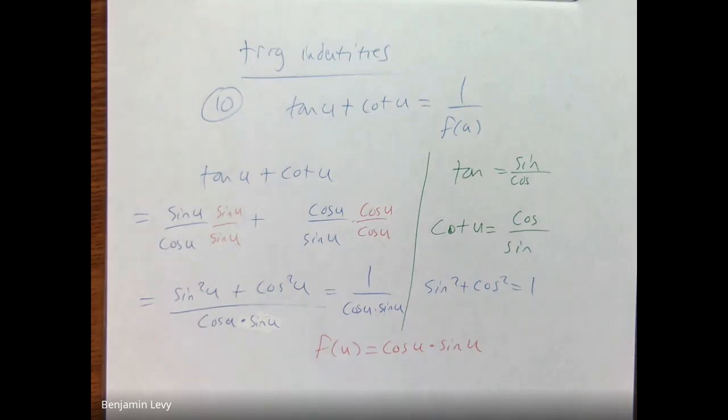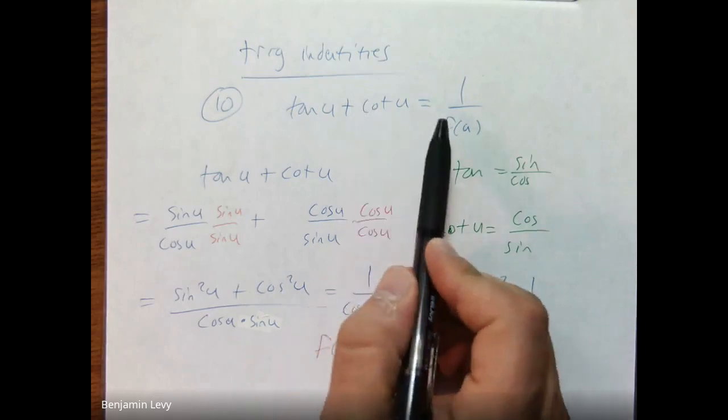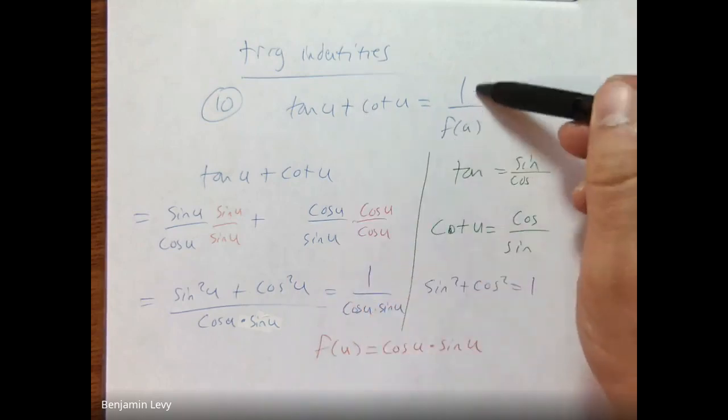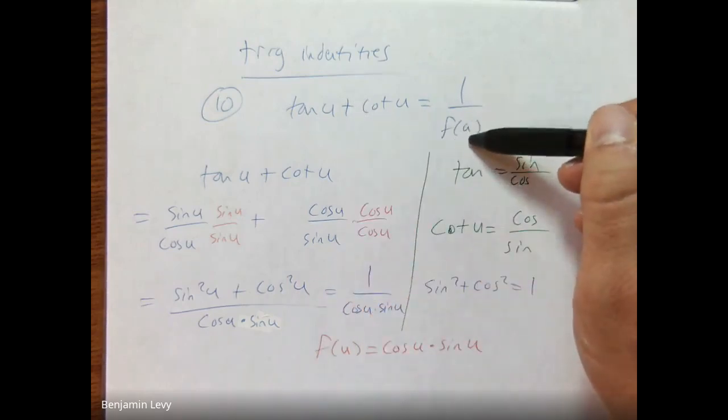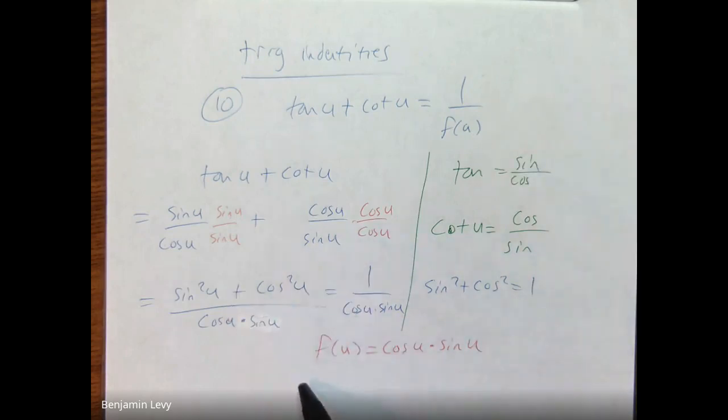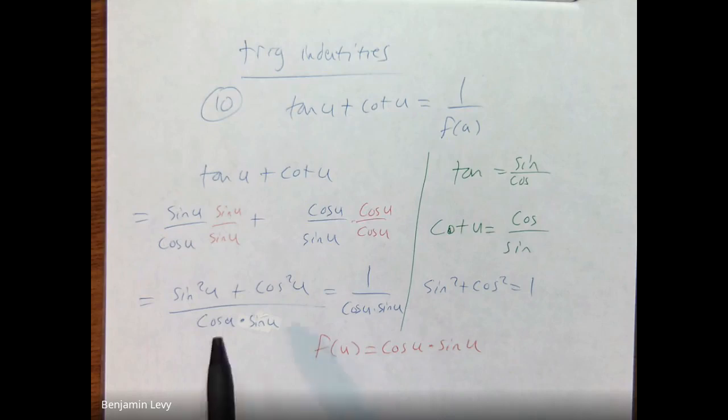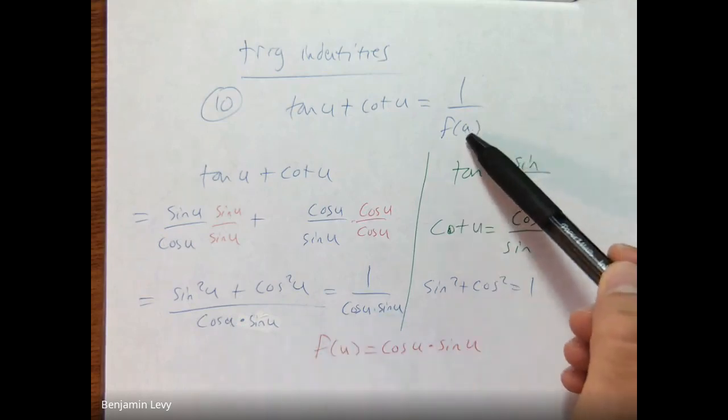Let me just remind you, we've been working on a couple of these over the last couple of days. The way you think about these problems is you're being told the answer, right? You're being told it's going to look like this, and you want to use the fact that you know the form of the answer to guide you along the way. That's how I knew that we wanted to add the fractions. That's how I knew that the bottom seemed okay, because we were looking for a function of u.